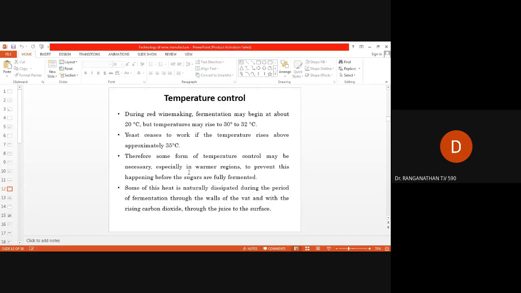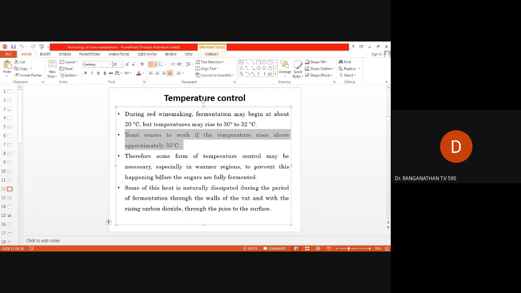During red wine making, fermentation may begin at 20 degrees centigrade, but the temperature may rise to 30 to 32 degrees centigrade because fermentation generates heat. Yeast ceases to work if the temperature rises above 35 degrees centigrade.